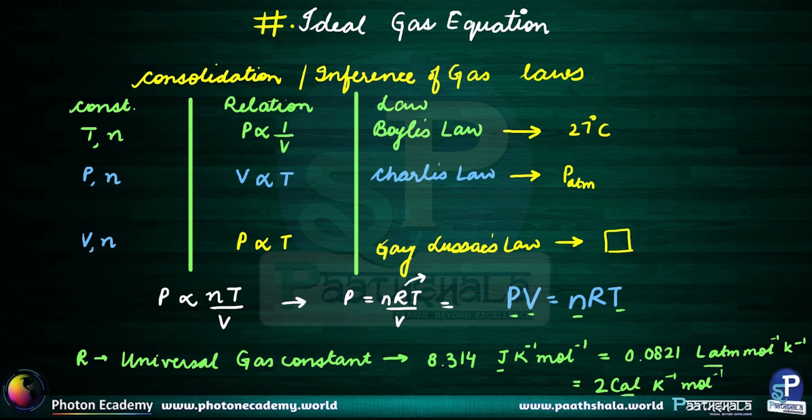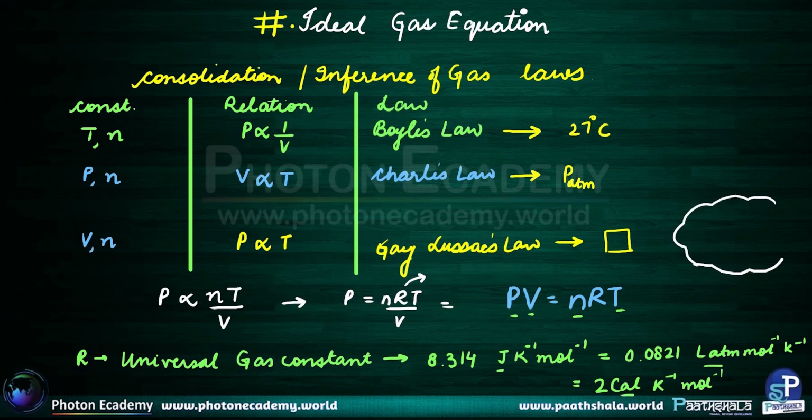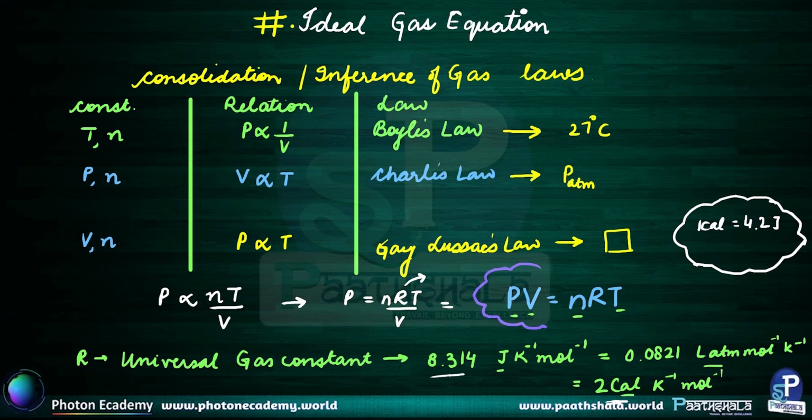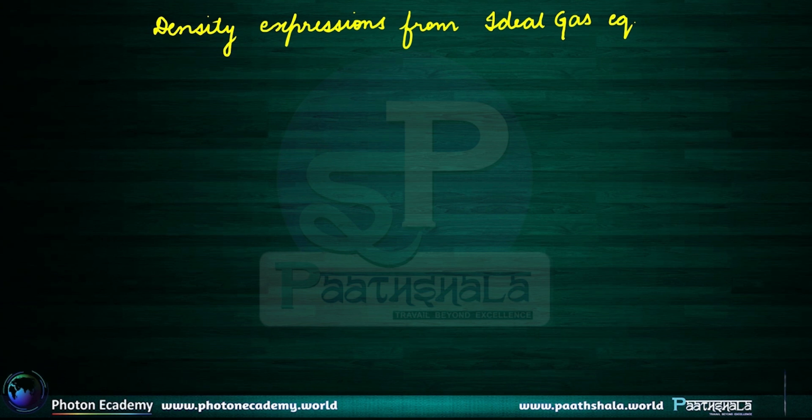And here an important relation which you might want to know is that 1 calorie is equal to 4.2 joules, and therefore there is such a change in the values. So this is the most important part of this chapter and is a very handy equation which simply combines all the three gaseous laws.